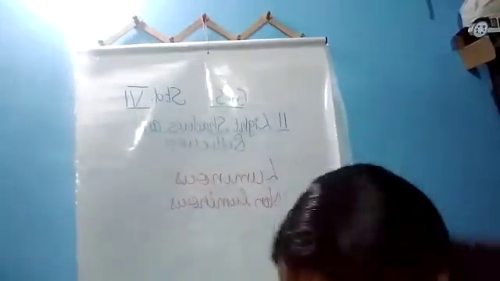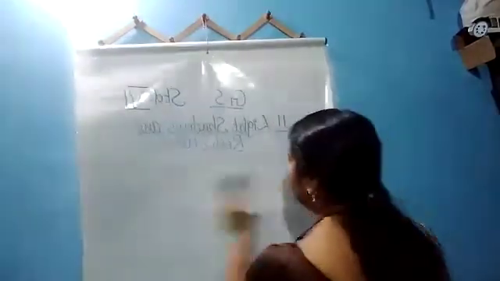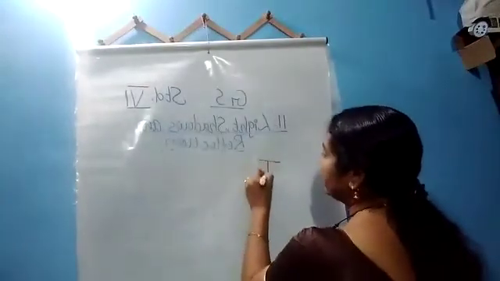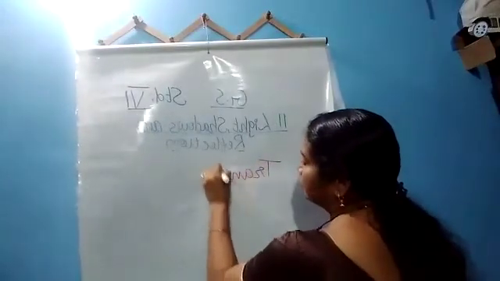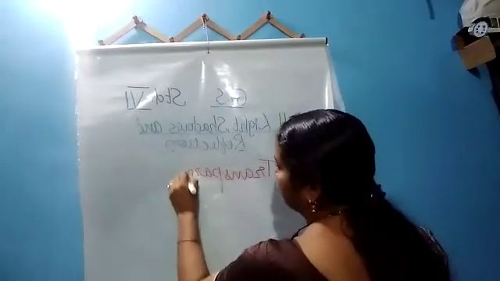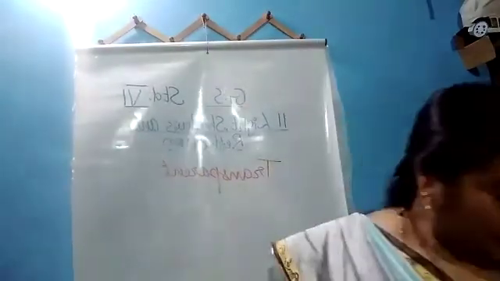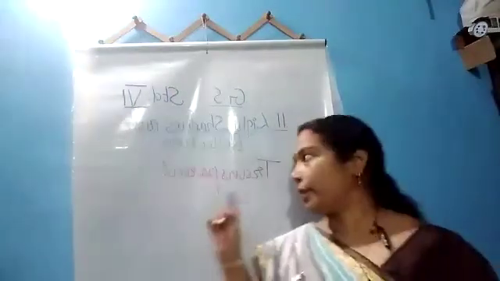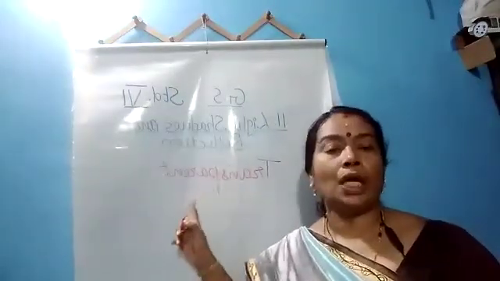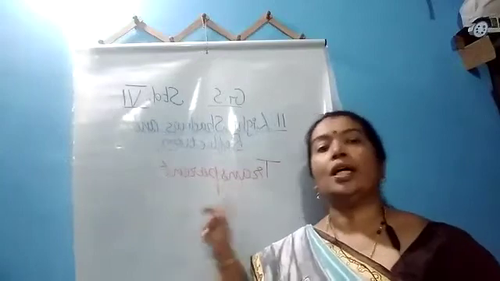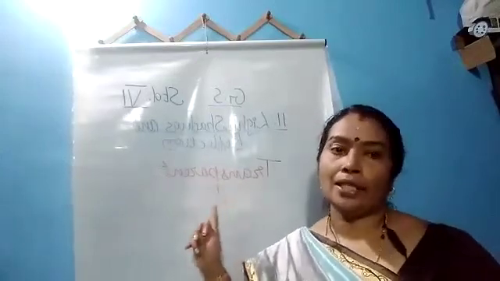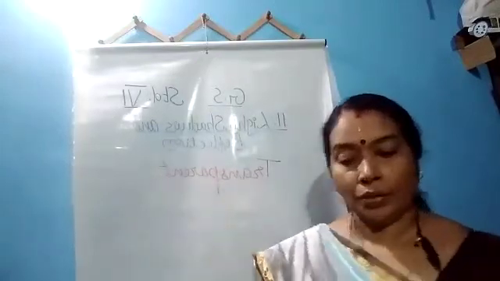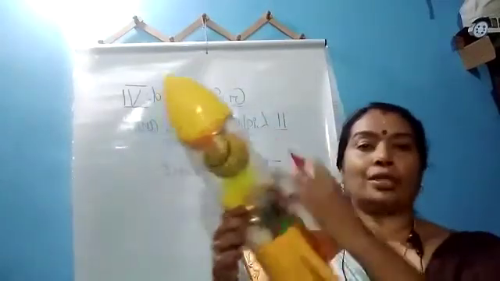What? Transparent objects. The things which allow the light to pass through them are called transparent objects. So this is the example for a transparent object.